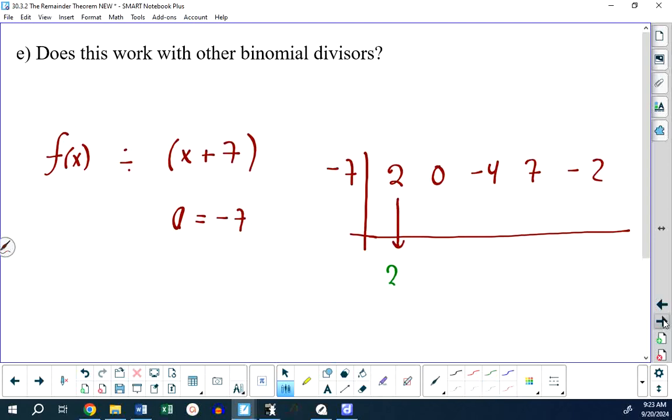2, multiply, you get negative 14. Add, you get negative 14. Multiply, you get 98. You have calculators, it's negative 7 times negative 14, 98. Okay? 98 plus 4 plus negative 4 is 94. 658, negative 658. Okay. Here's where I'm going to run out of steam.